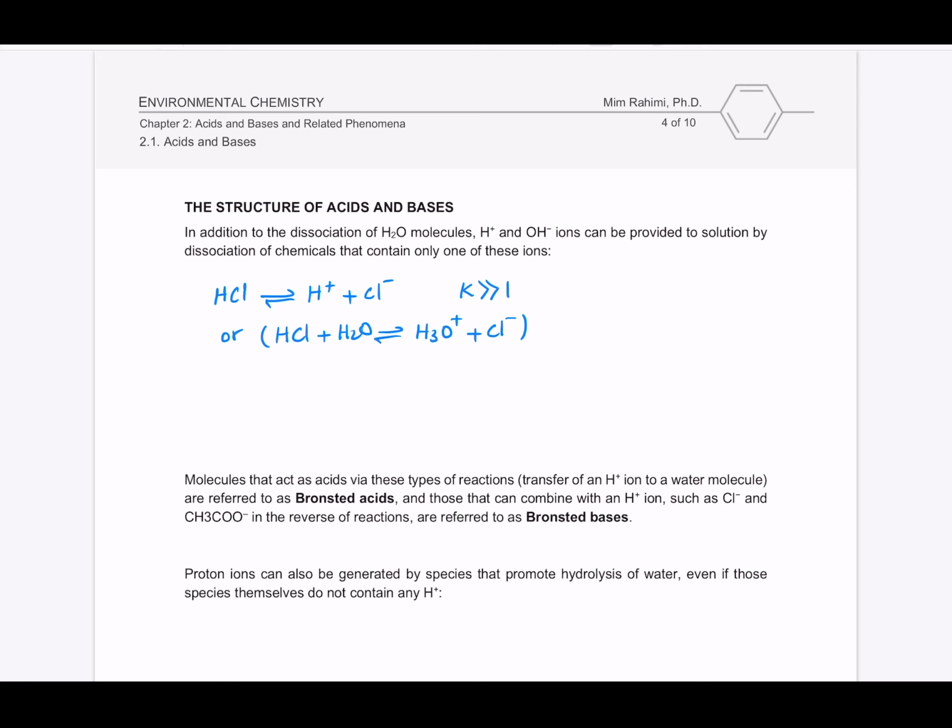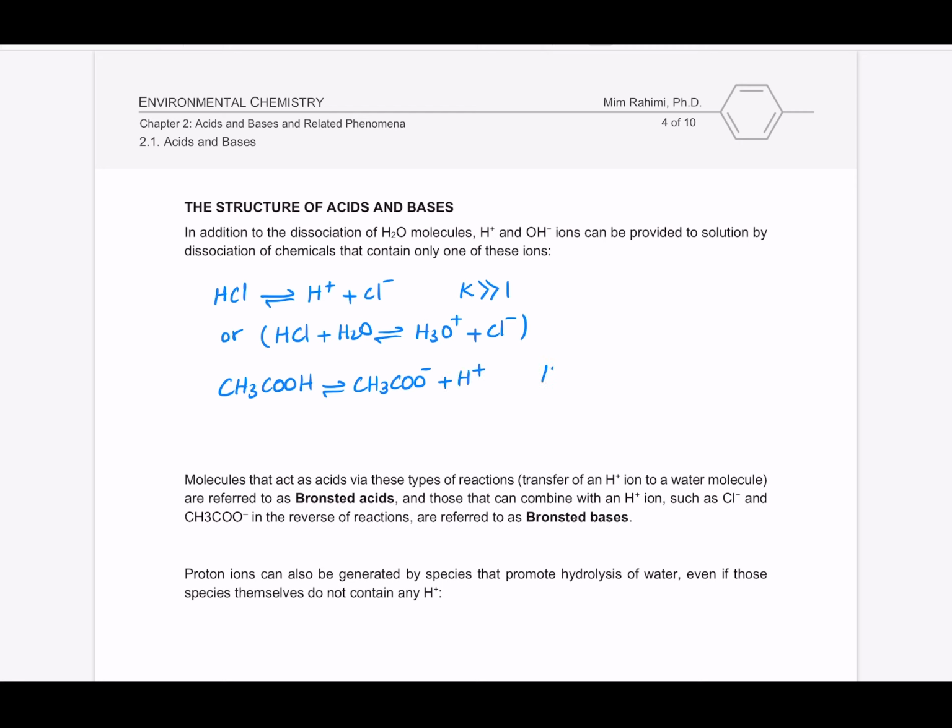Or it could be something not as strong as this one in terms of the K value. This K value is leaning very much towards the product. Or it could be something like acetic acid, CH3COOH, which can also introduce a proton.